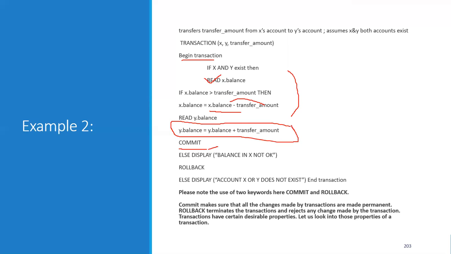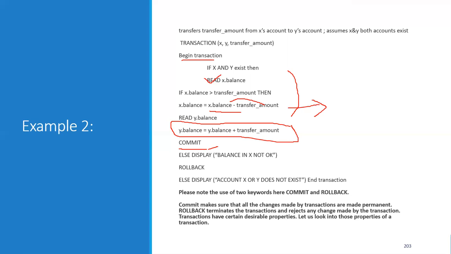Suppose you have a doubt, sir, when the transfer amount is deducted, some problem occurs. Then what is the state of this transaction? When a problem occurs, if there is any failure or an aborted condition, SQL automatically uses rollback.